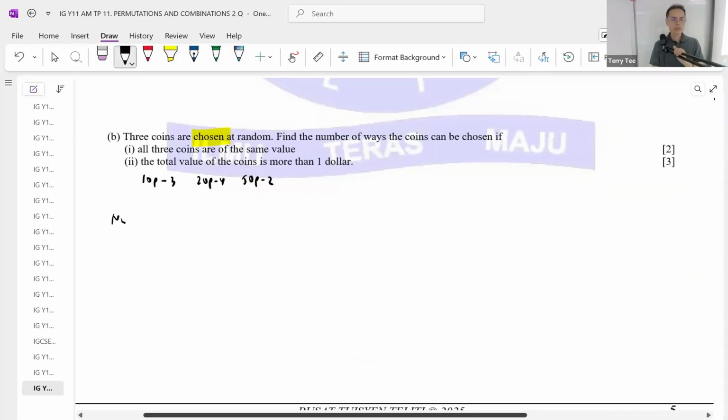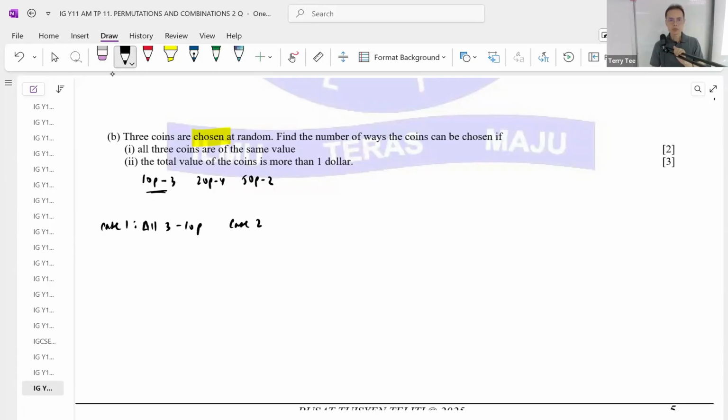So the thing is, 10 pence, how many do I have? I got 3. I take all 3. Right? I take all 3 from here. 20 pence. Okay, should I write this for you? Let me do it like this. Case number 1, all 3 are 10 pence.